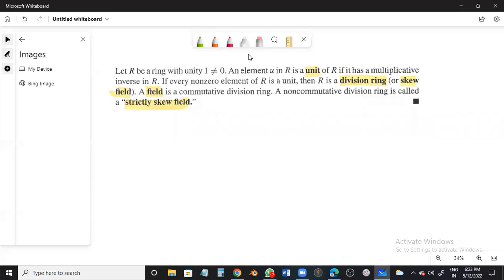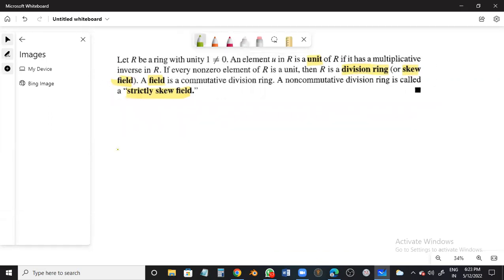So I would like to concentrate on Z7. Just now we wrote our Z7. I would like to once again focus on it. 0, 1, 2, 3, 4, 5, and 6.